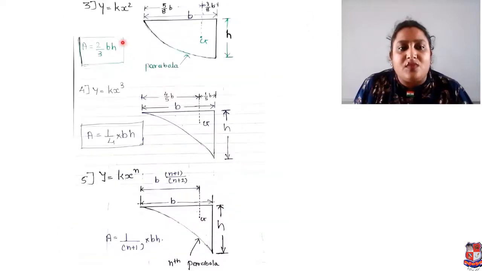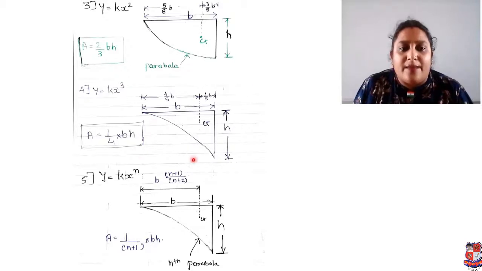Then there is another parabola having that type of shape. Here CG lies somewhere at 3/8 B distance from B and 5/8 B from A. Area will be 2/3 BH for this parabola.